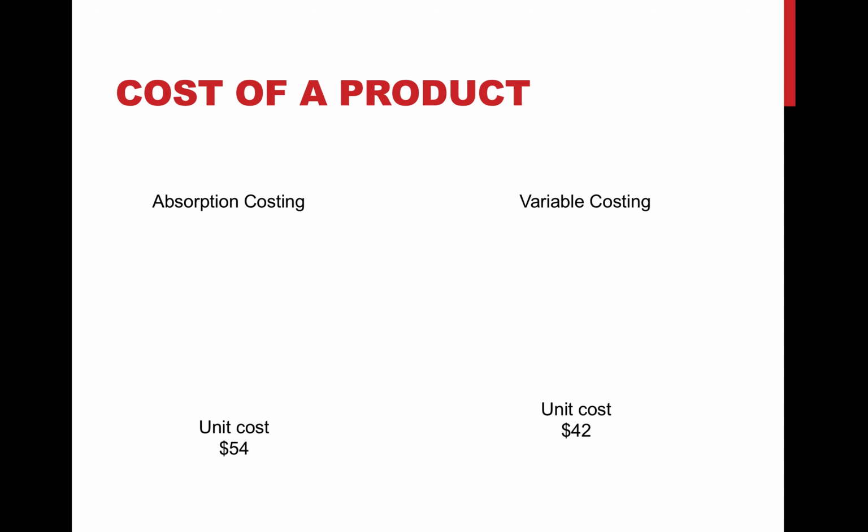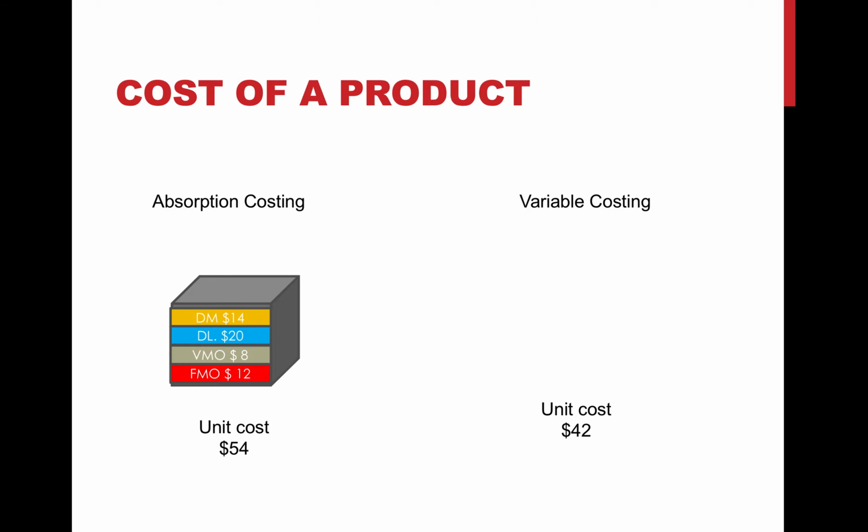So again, remember again and again, under absorption costing, we have a box, let's say, of a product that travels with direct material, direct labor, variable manufacturing overhead, and fixed manufacturing overhead, having a higher cost. In this case, the cost will be 54.